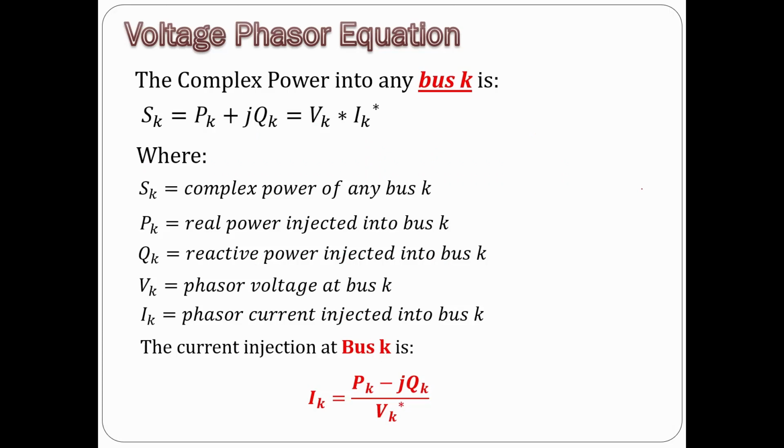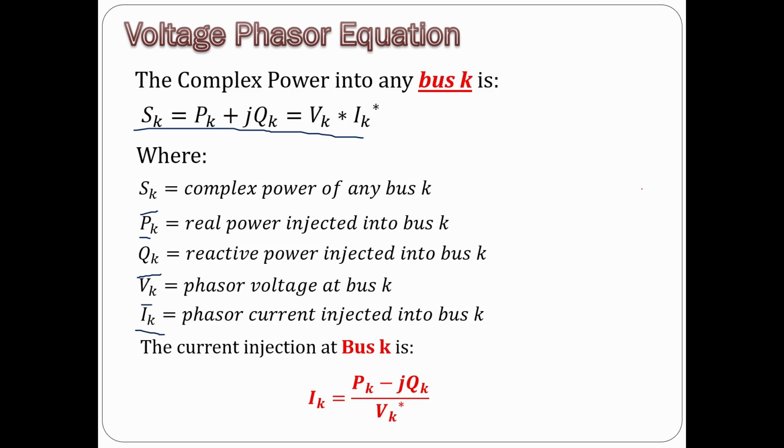So the complex apparent power Sk is equal to Pk plus jQk, which is also equal to Vk times the conjugate of Ik, where Sk is the complex power of any bus k, Pk the real power injected into bus k, Qk the reactive power injected into bus k, Vk the phasor voltage at bus k, and Ik the phasor current injected into bus k.